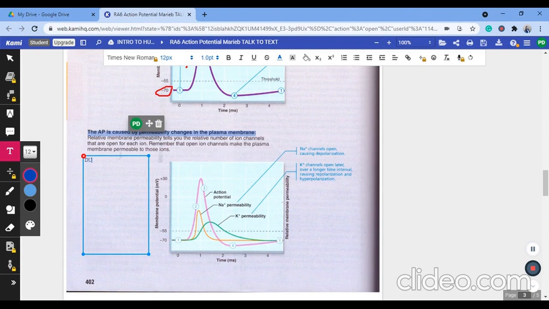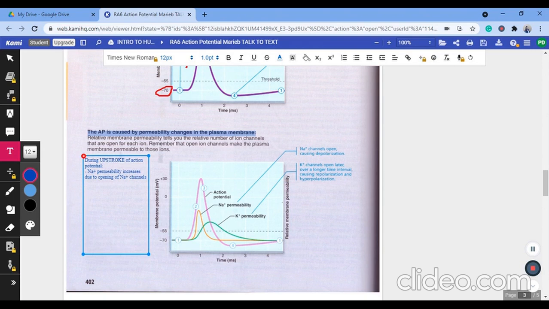During the upstroke of the action potential, which is going up, the Na permeability, or the sodium permeability, increases due to the opening of sodium channels.